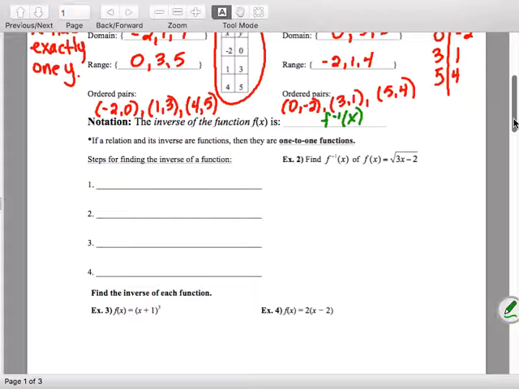Okay. If a relation and its inverse are functions, then they are called one-to-one. All right, so I'm going to give you 4 steps here. Step 1: change. Now I'm moving to equations. In example 1, if you have an ordered pair, you just list the x values and list the y values.